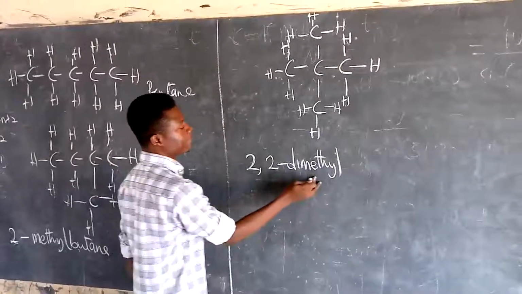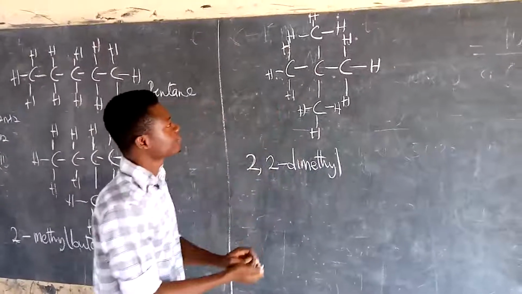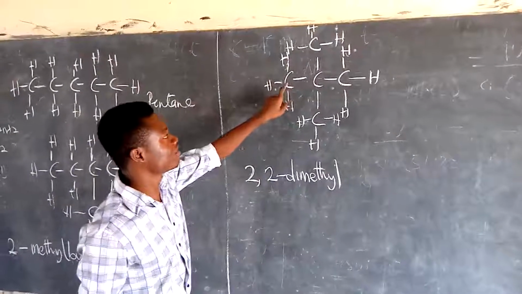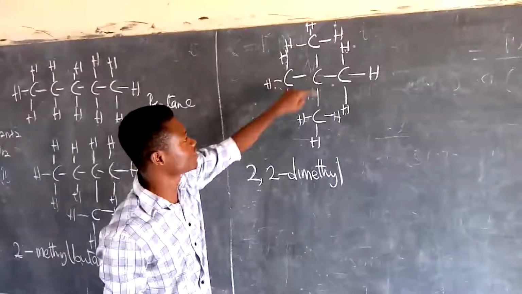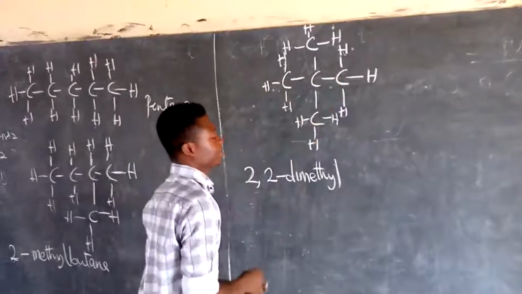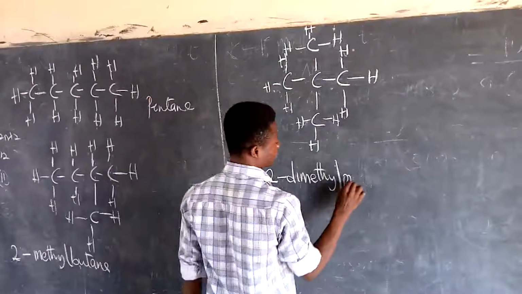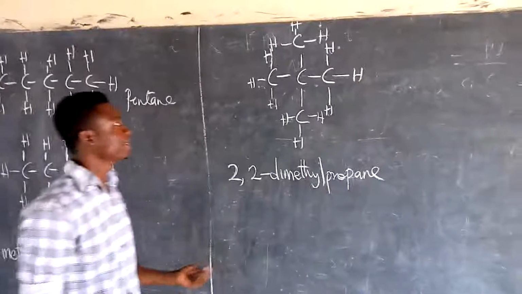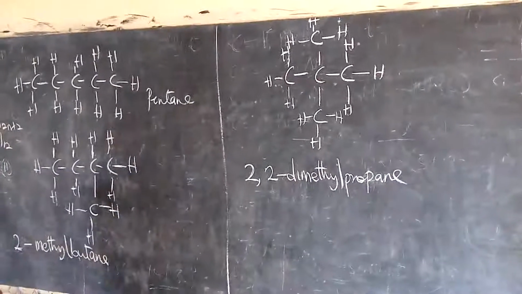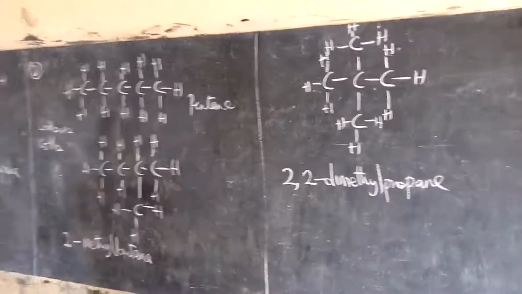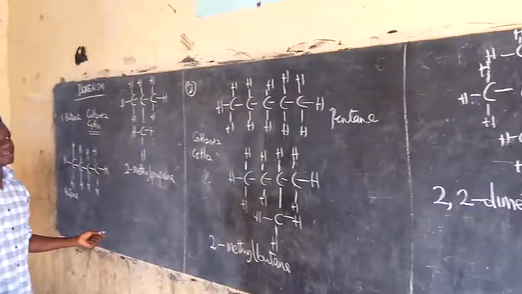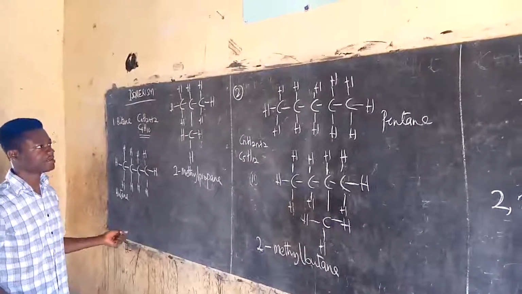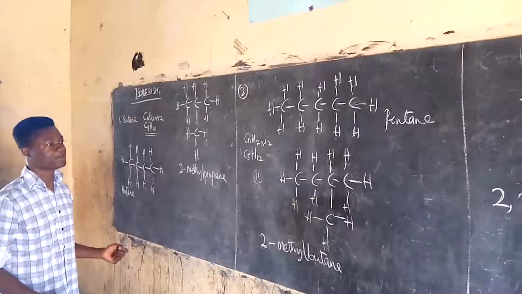So 2,2-dimethyl, and then you count the carbons of the longer chain. 1, 2, 3, and then it becomes propane. So basically, this is how we name our compounds, and how the names change. The structure changes, but they all have the same molecular formula. Thank you.